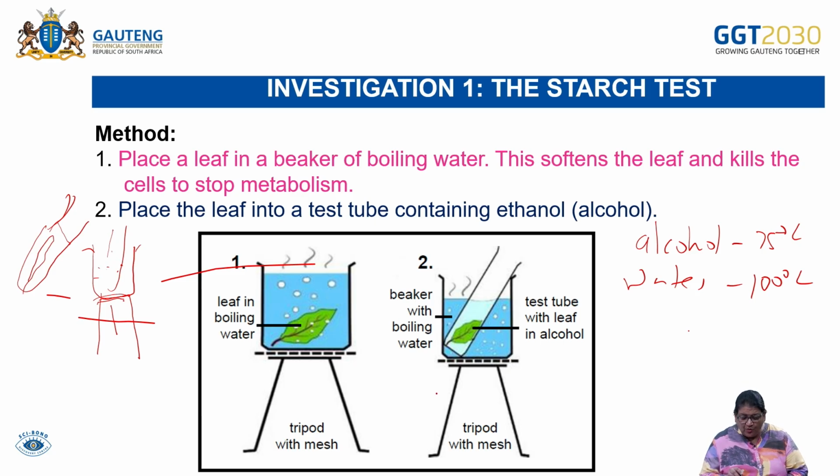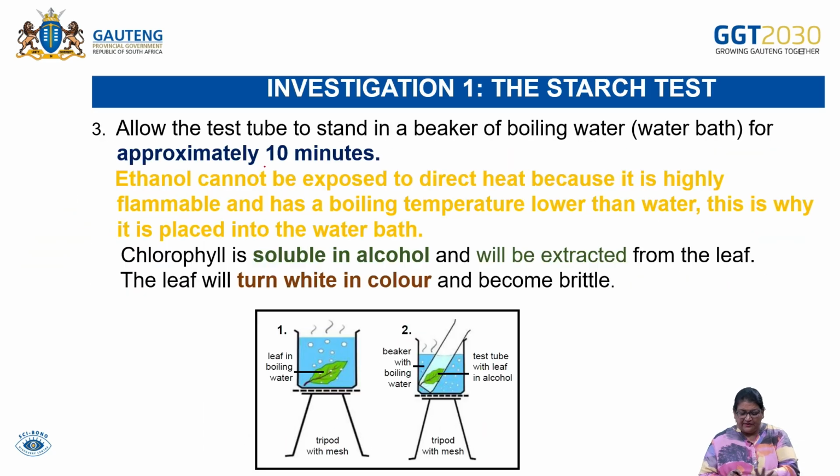See, beaker of boiling water, test tube with the leaf in alcohol. Allow the test tube to stand in a beaker of boiling water for 10 minutes. So how long are you going to leave that there? You're going to leave it for 10 minutes until the temperature in this beaker reaches 75.